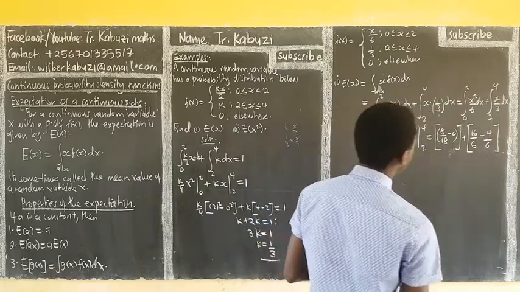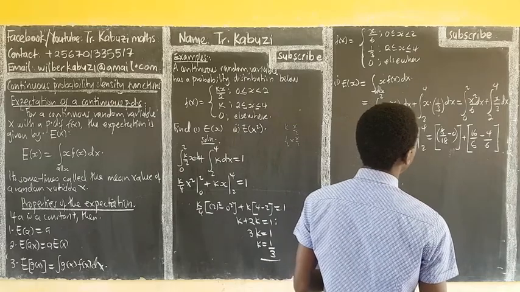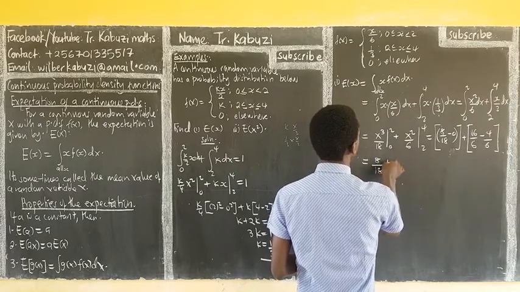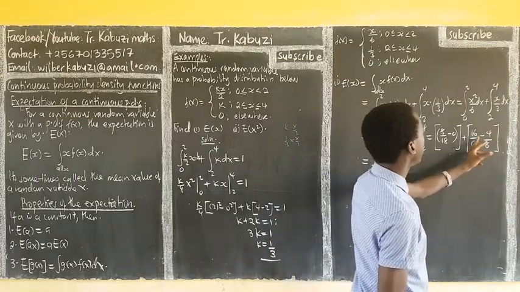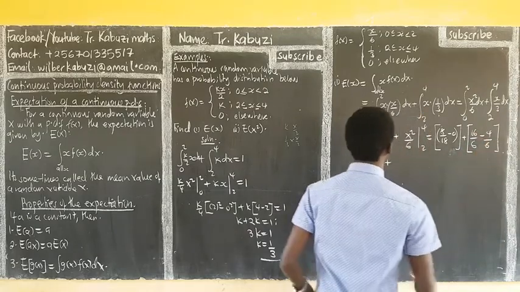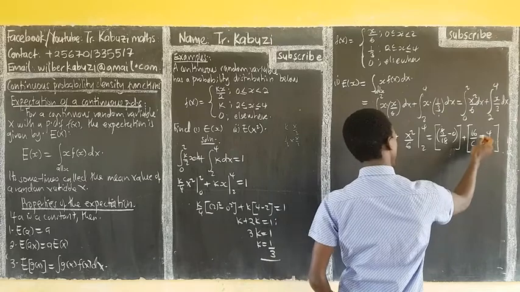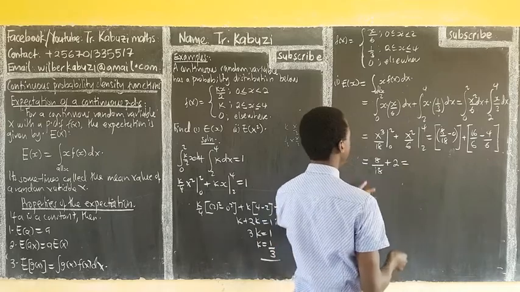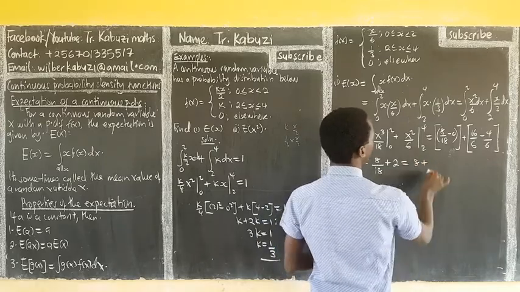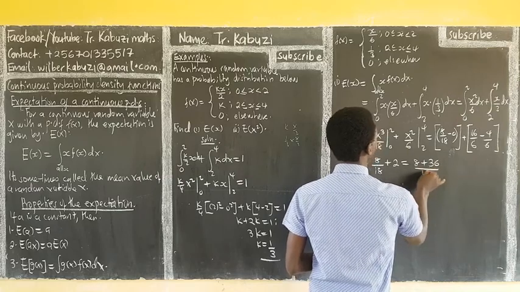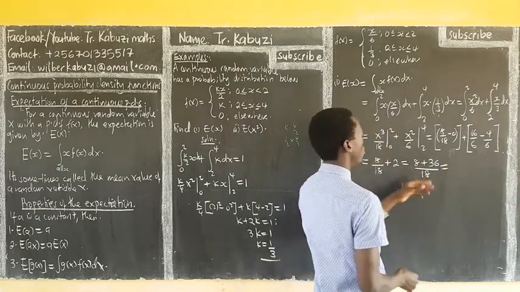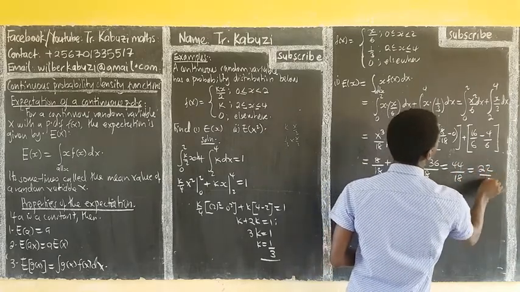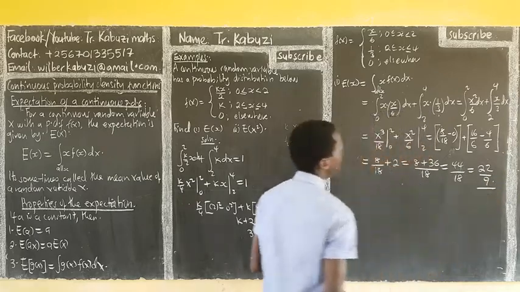When you simplify, I have 8 over 18 plus 12 over 6, which is 2. So 8 plus 36, all over 18, gives you 44 over 18, which is 22 over 9. That will be our answer in that case.